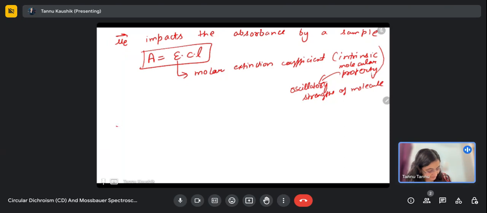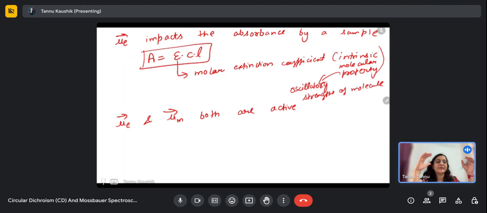But in cases where the electric field vector and the magnetic field vector are both active: if we have taken a molecule and we are recording an absorbance spectrum, and we get some peaks, we can't define whether this molecule is chiral or achiral, as in this case only the electric field vector is involved.